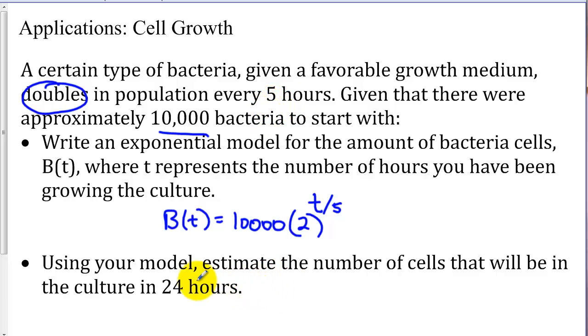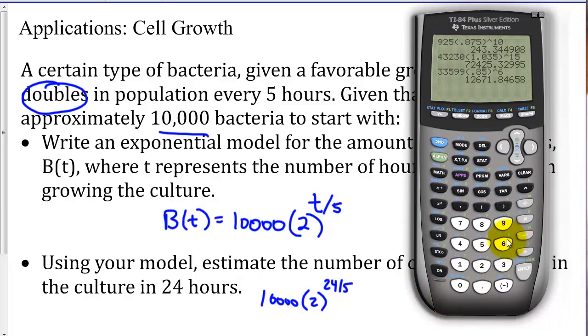So now in 24 hours, we're going to have 10,000 times 2 to the 24 fifths. Now that's going to end up being a decimal number, but that doesn't matter. We can still figure out our answer. So 10,000 times 2 to the, now I've got to put this in parentheses, 24 divided by 5.